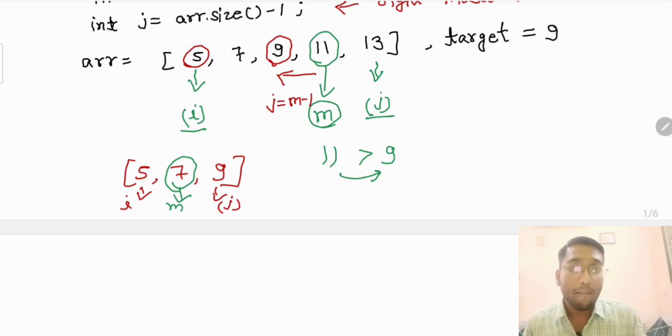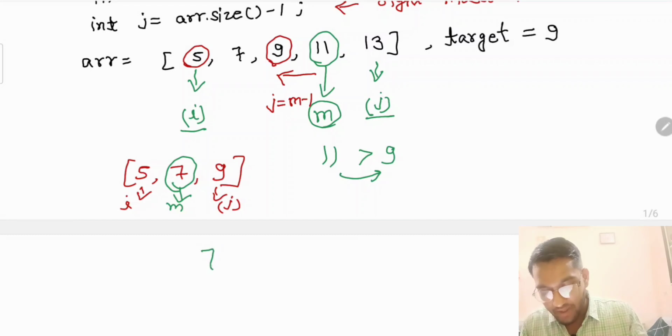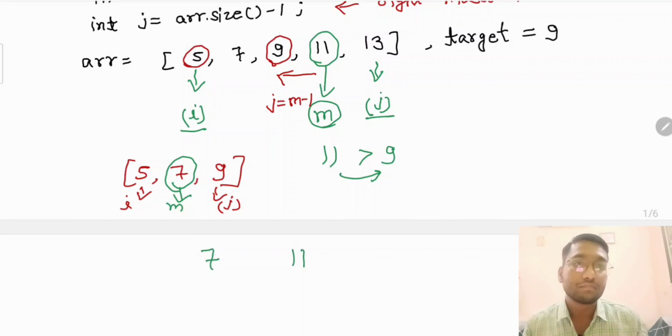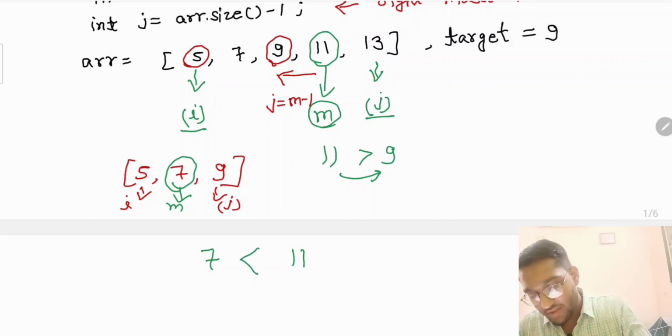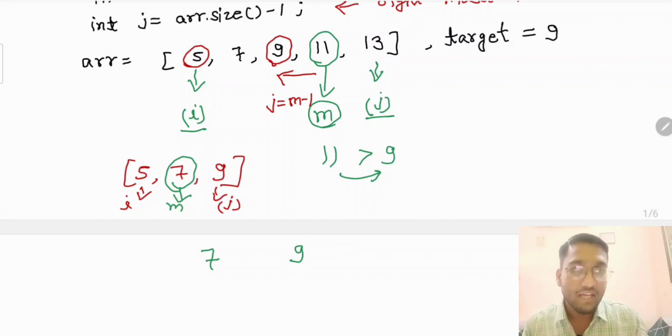Now we compare that particular number with the target number. Sorry, 7 should be compared with the 9, and 7 is lesser than 9. It means we require more than 7.